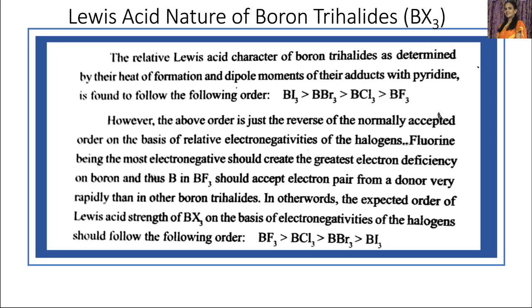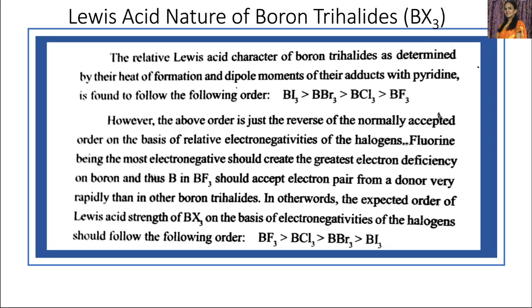Fluorine is more electronegative than chlorine, which is more electronegative than bromine, which is more electronegative than iodine. So fluorine, being the most electronegative, should create the greatest electron deficiency on boron, and thus B in BF3 should accept an electron pair from a donor more rapidly than in other boron trihalides.